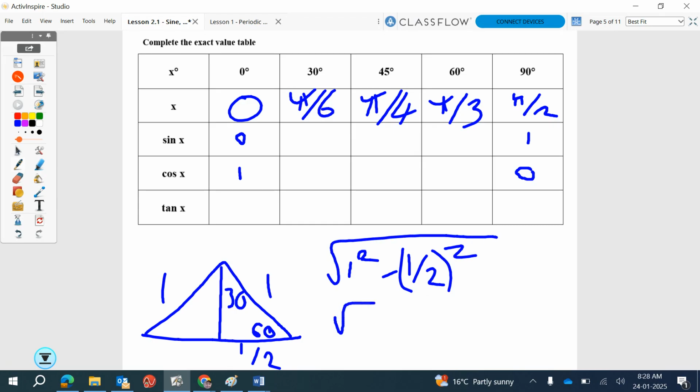This is going to give us the square root of 1 minus a quarter, which is going to be root 3 over root 4, which is going to be root 3 over 2. So this length here is root 3 over 2.